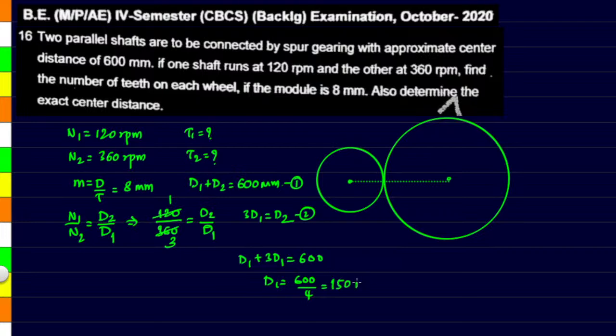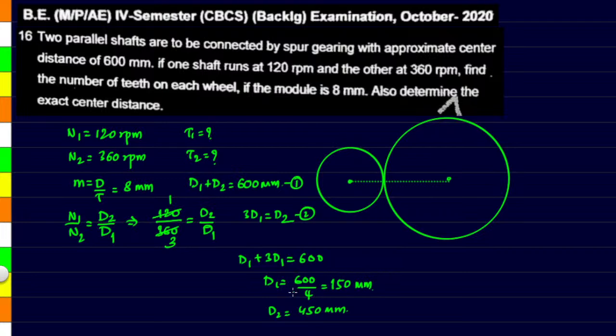Let's say this is in mm. So D1 is 150 mm and D2 is 3 times that, so 450 mm.